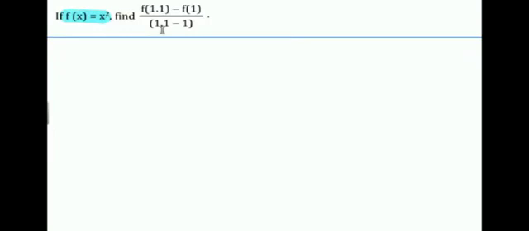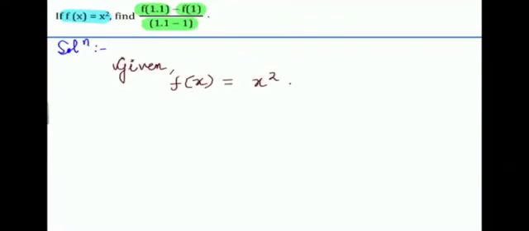If f of x is equal to x square, find (f of 1.1 minus f of 1) divided by (1.1 minus 1). Here f of x is equal to x square is given. So first of all you have to find f of 1.1 and f of 1.